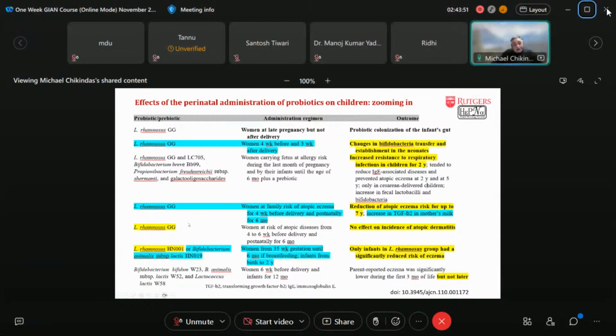But at the same time, rhamnosus GG strain 4 to 6 weeks before and 6 months after, no effect. How is that possible?